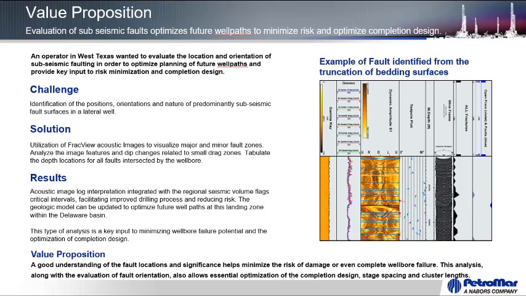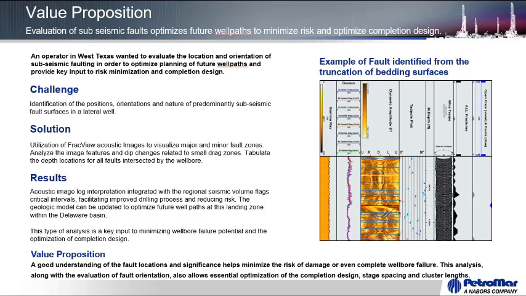Our acoustic log interpretation was integrated with regional seismic volume and allowed us to flag critical intervals and facilitated an improved drilling process and in reducing that risk.